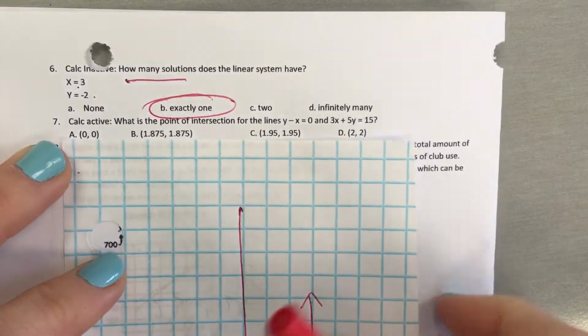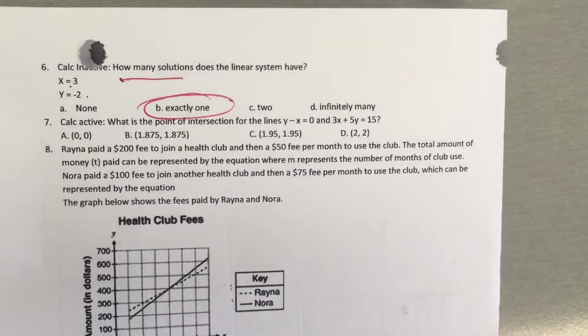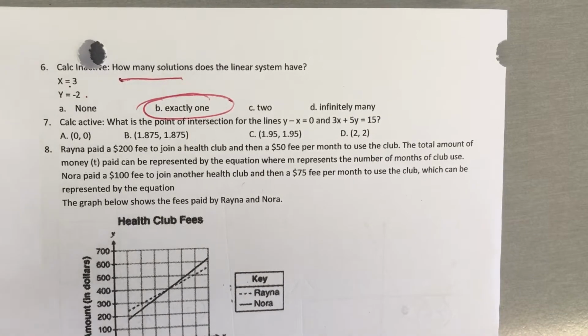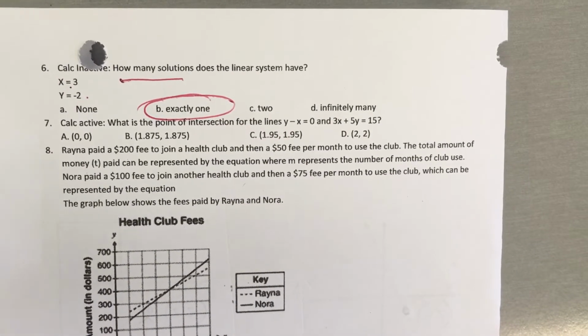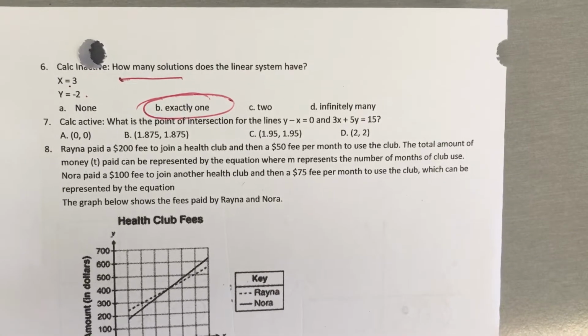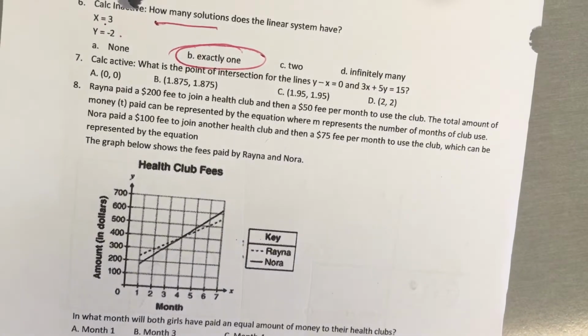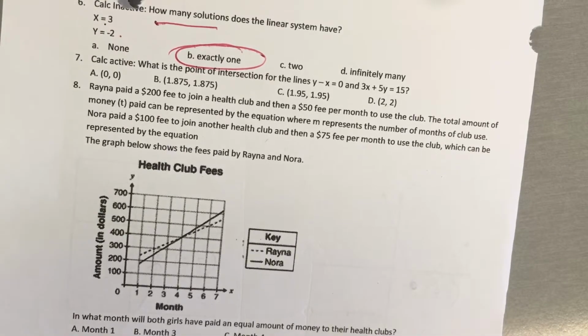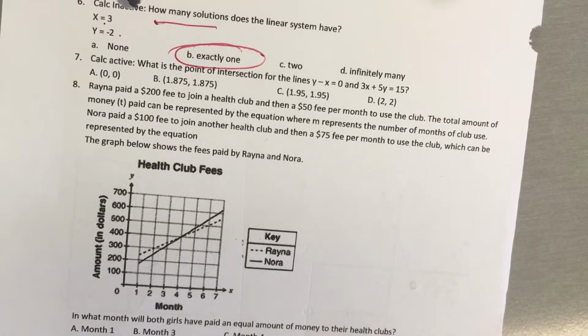They intersect one time, exactly 1 point. Okay. Calculator active, what is the point of intersection for the lines y minus x equals 0 and 3x plus 5y equals 15? All right, well, this one's calculator active, so the best and easiest thing to do is Desmos. So y minus x equals 0 and 3x plus 5y equals 15.